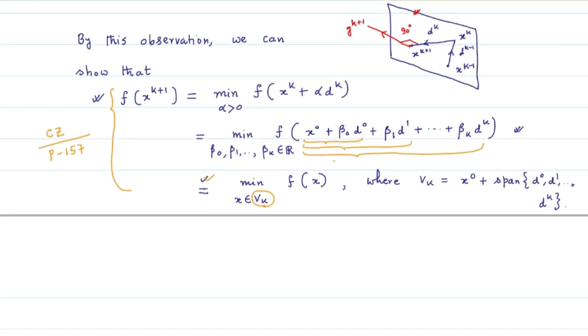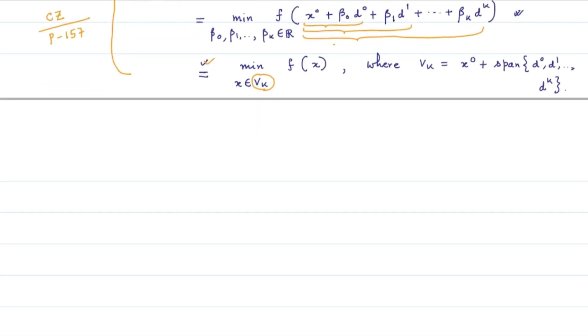Now in the next part we shall move forward discussing a method called the conjugate gradient method for solving an unconstrained optimization problem with the objective function being a quadratic function.